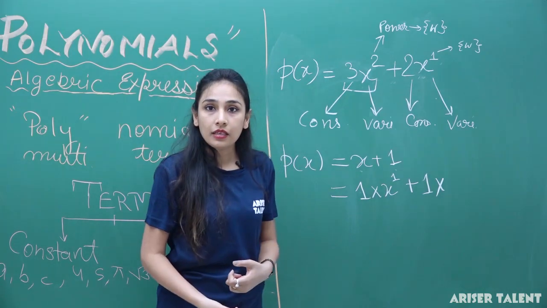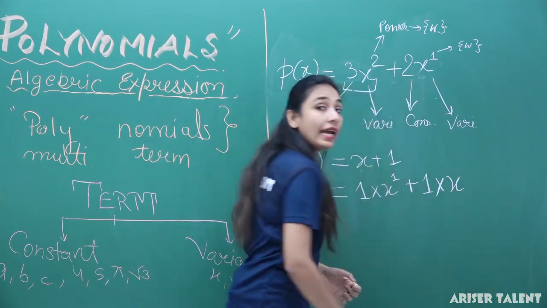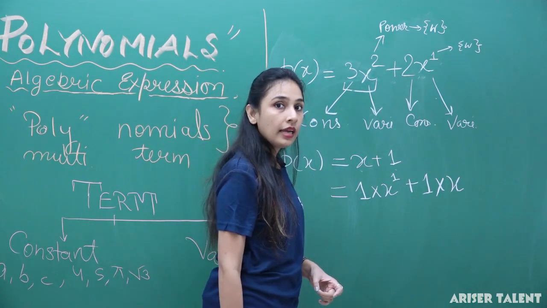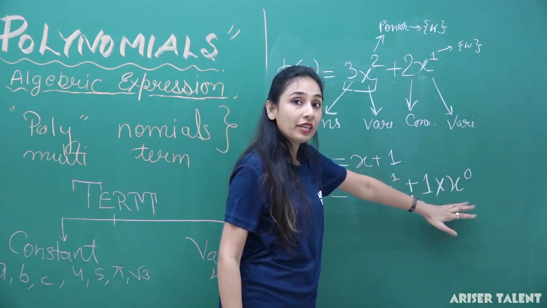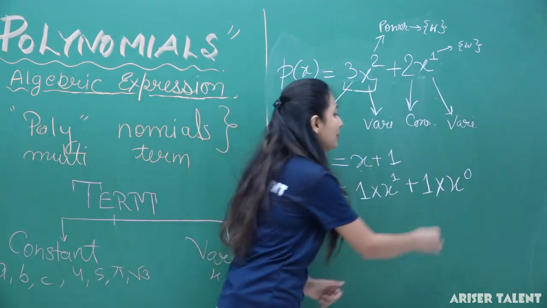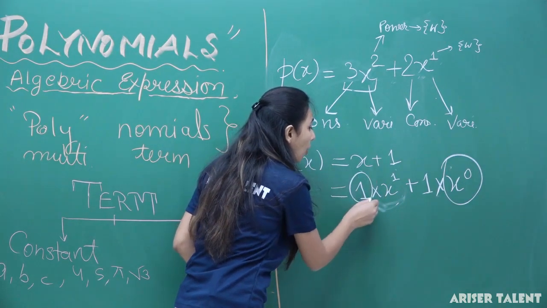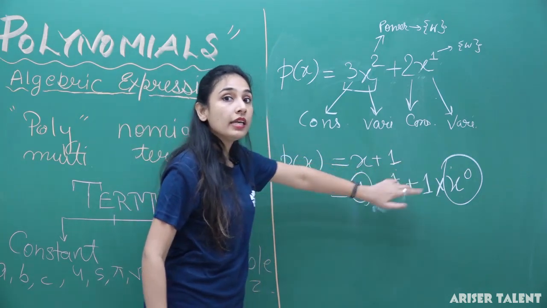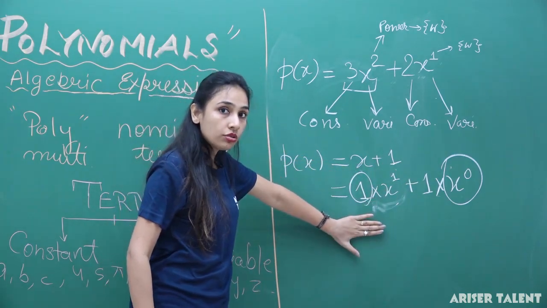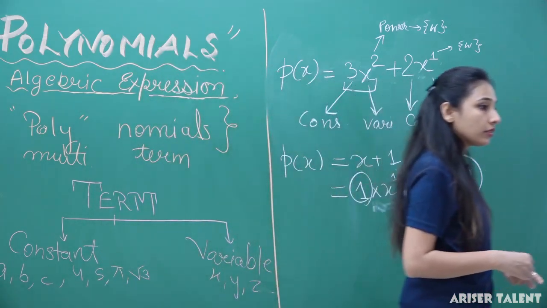Now for the 1, we have no variable here. So what else can we say? Listen, x to the power 0 is 1, so 1 multiplied by 1. That means it has a hidden constant and variable. So x plus 1 is also a polynomial. Right? Write it down.